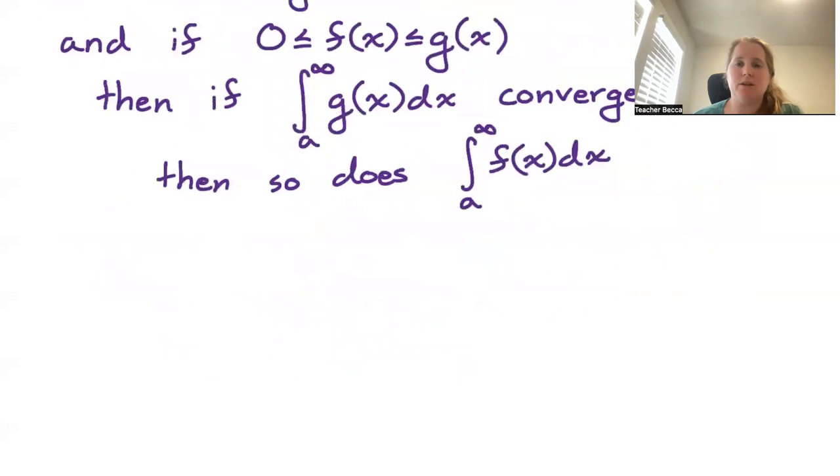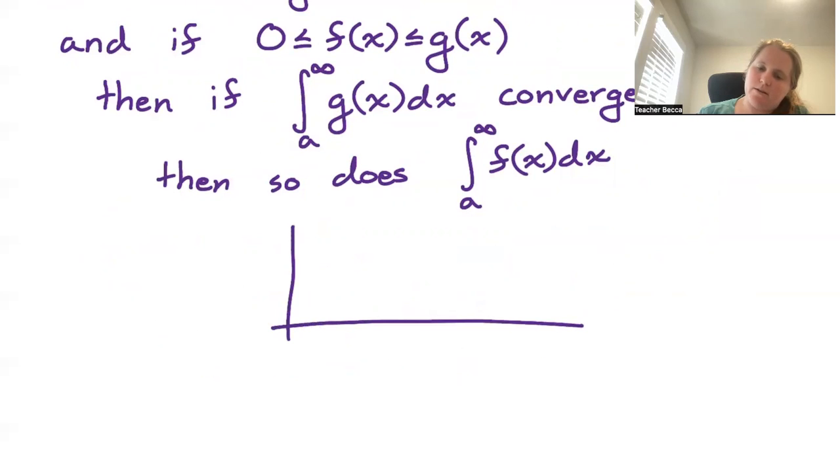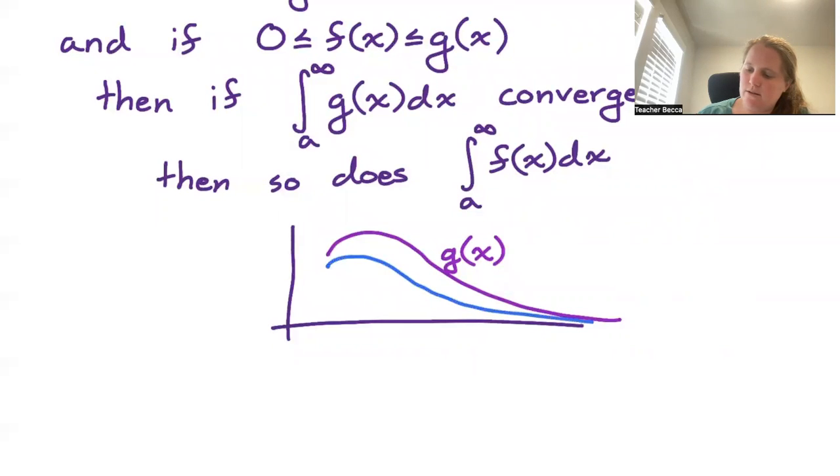So in terms of pictures, essentially what we have going on here is we have some function that we know, g of x, and then trapped beneath that is our function f of x. Since f of x is trapped inside, it would make sense that its integral should be smaller than the one under g of x.